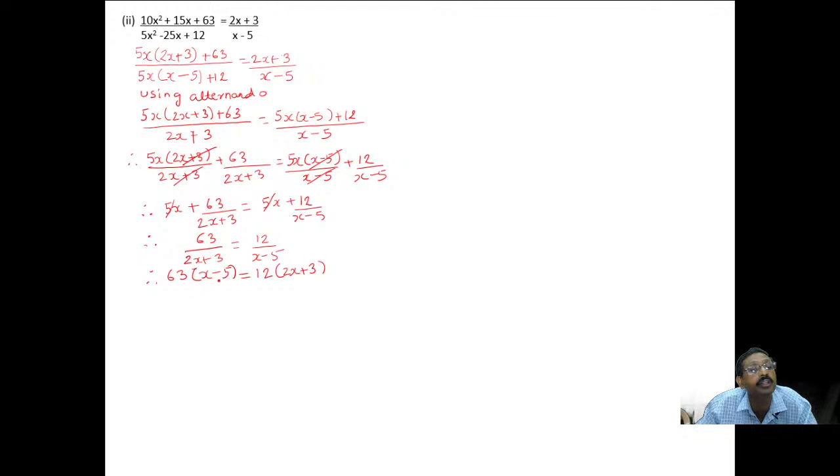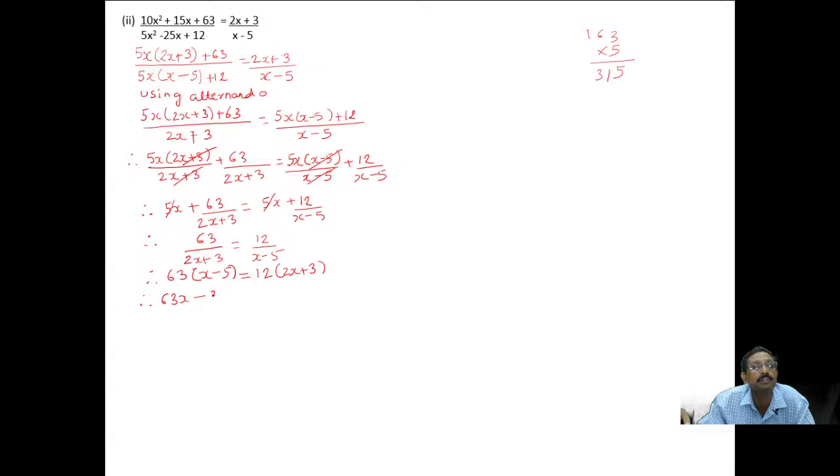When we open the brackets, we have 63 here, so 63 will be multiplied by each and every term in the bracket. Here also we have 12, and 12 will be multiplied by each and every term in the bracket. Therefore, 63 into x gives me 63x minus 63 into 5. 5 3s are 15, 5 6s are 30 and 1 gives 315.